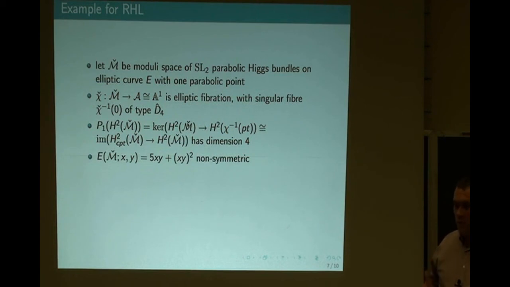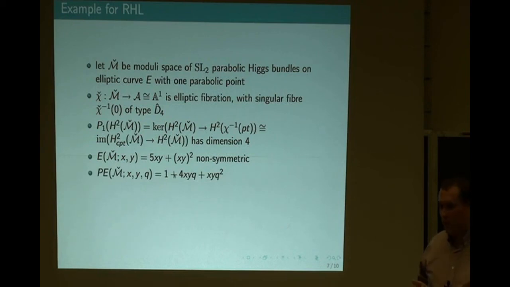So the Hodge numbers, the Serre polynomial of the space, is 5 times xy. We are compactly supported now, so this is the 5-dimensional compactly supported space and the 1-dimensional H4. So that's non-symmetric. But when you include the perverse filtration, then suddenly the perverse Serre polynomial is going to become symmetric.